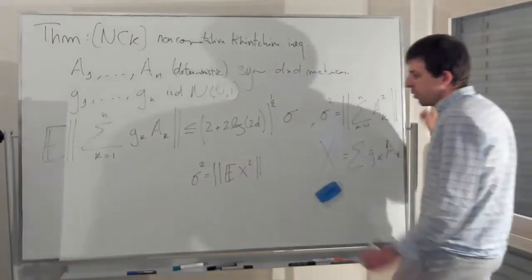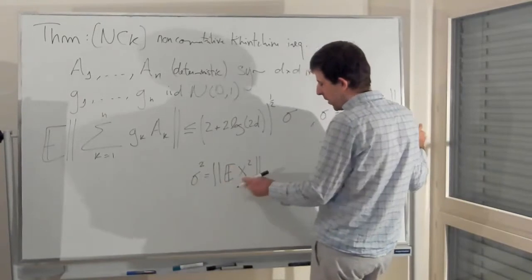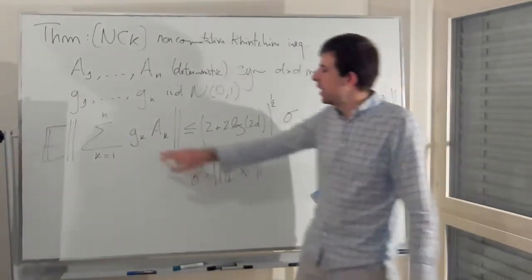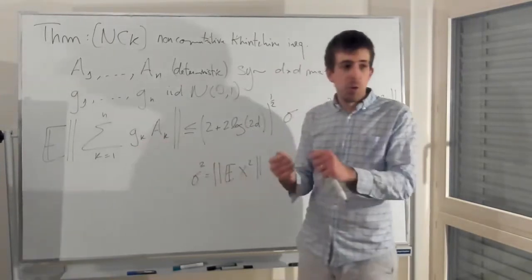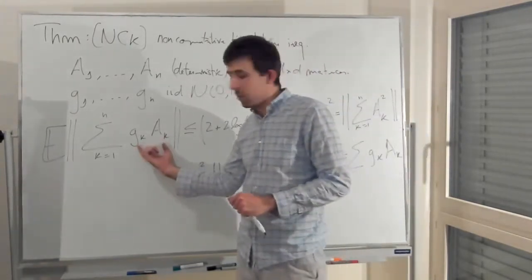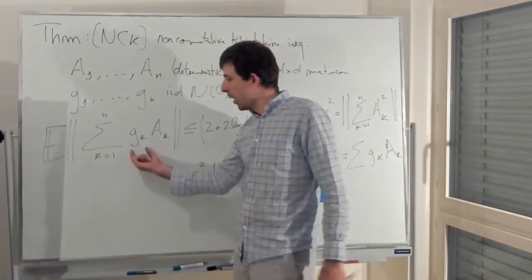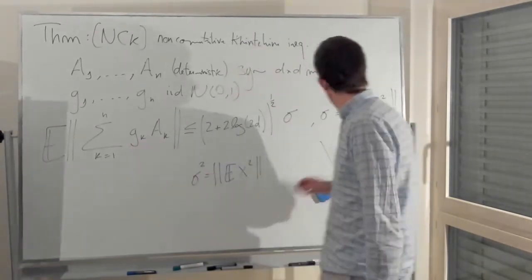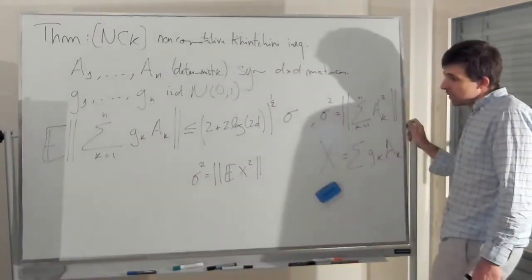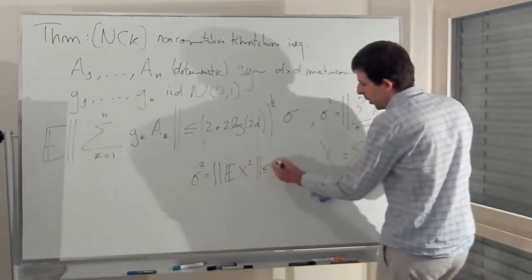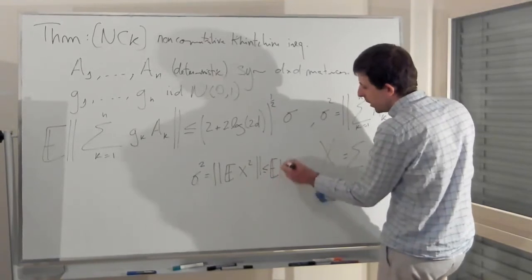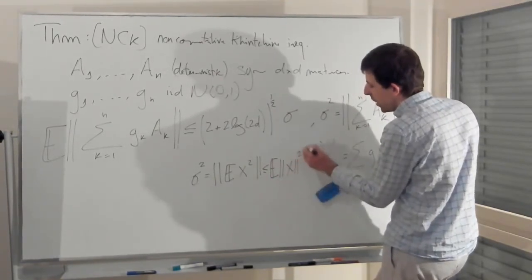In the expected value of X squared, all the cross terms are 0, so we just recover the squared terms. We get a 1 from Gk squared, and we get Ak squared, so it's exactly this. And of course, by Jensen, this is smaller than the expected value of the norm of X squared.